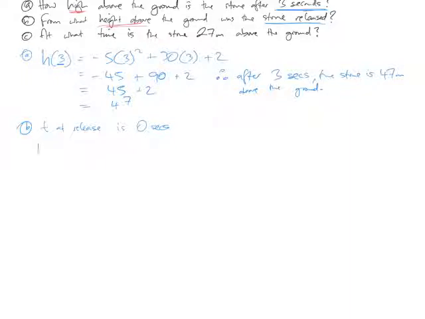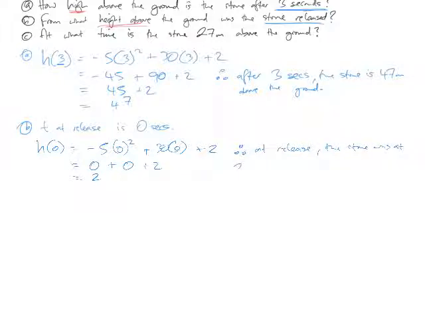So you are finding h of 0. This time it's negative 5 lots of 0 squared plus 30 lots of 0 plus 2. 0 squared is 0, times negative 5 is 0, plus 30 times 0 is 0, plus 2, 2. So what that's saying is, at release, the stone was at 2 meters.